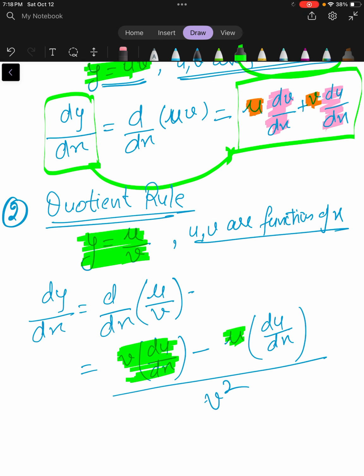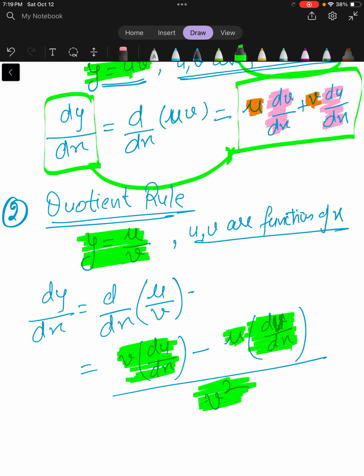So here I have to write v, not u, dv. The point is to write the denominator times the differentiation of the numerator, minus the numerator times the differentiation of the denominator, divided by v square. V square is our denominator square. So this is what we discussed about the quotient rule.